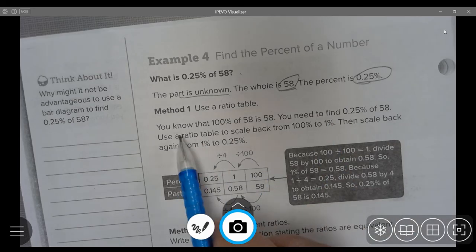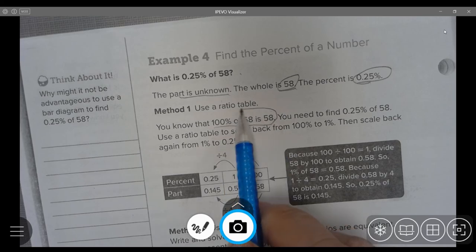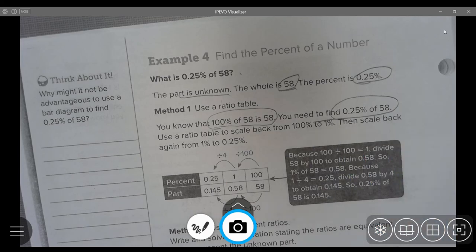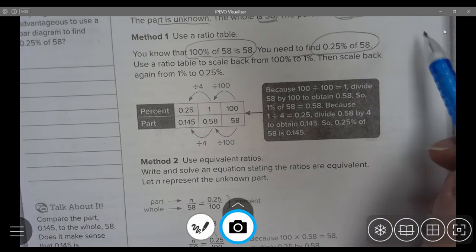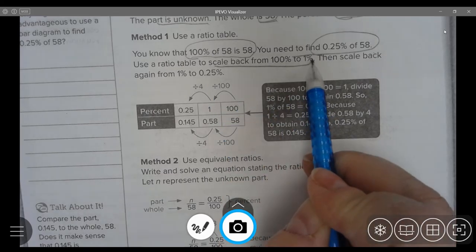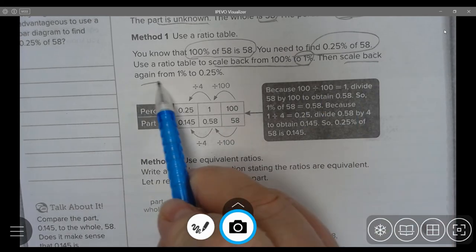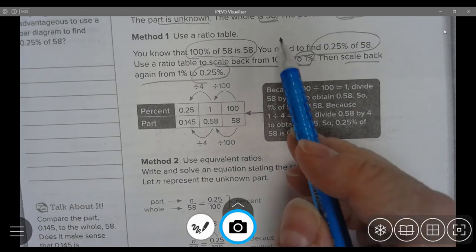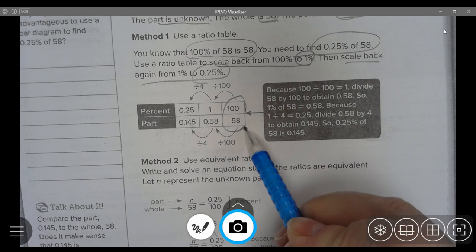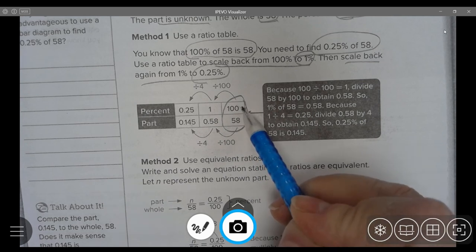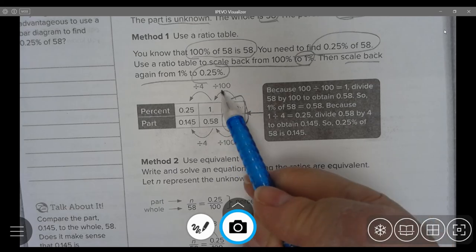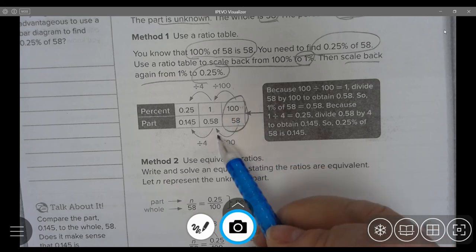Use a ratio table. You know that 100% of 58 is 58, so you would need to find 1/4 or 25 hundredths of 58. And you can use the ratio table to scale back to 1% and then scale up again to 1/4. So we would start here. We know 100% is 58. And to go to 1%, we would divide by 100 and divide by 100.